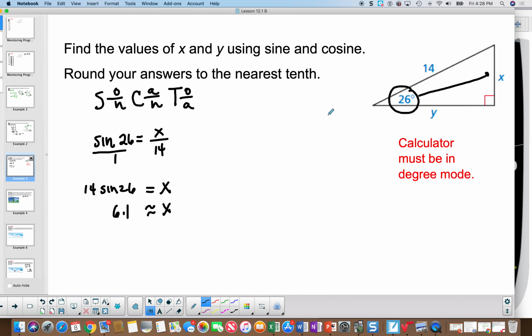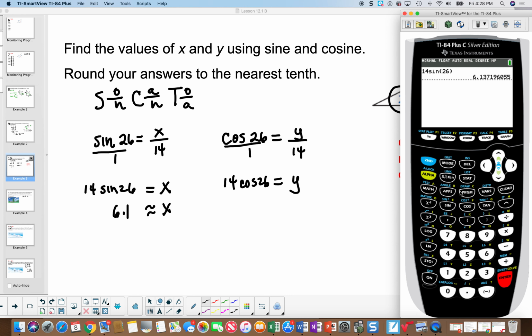Now I want to figure out what y is, and to figure out y, this is an adjacent, so I'm going to use cosine. Cosine of 26 is equal to y over 14. And so over 1, I'm going to cross multiply. Y is equal to 14 cosine of 26. I'm going to go to my calculator, and this time I'm going to type 14, but press cosine, and 26, and then press enter, and I'm going to get 12.6 when I round.